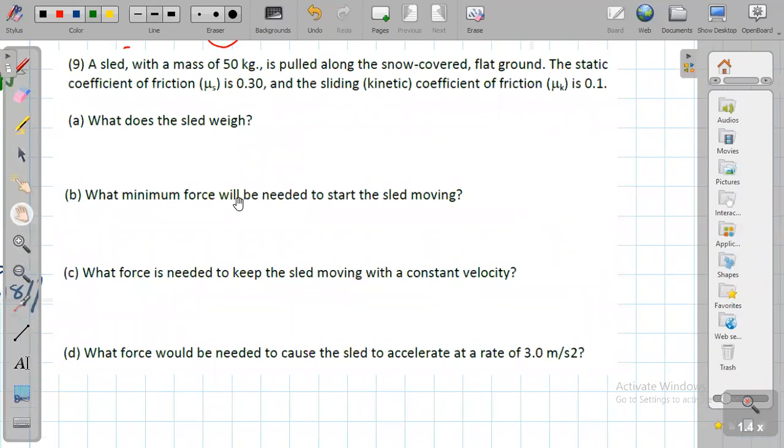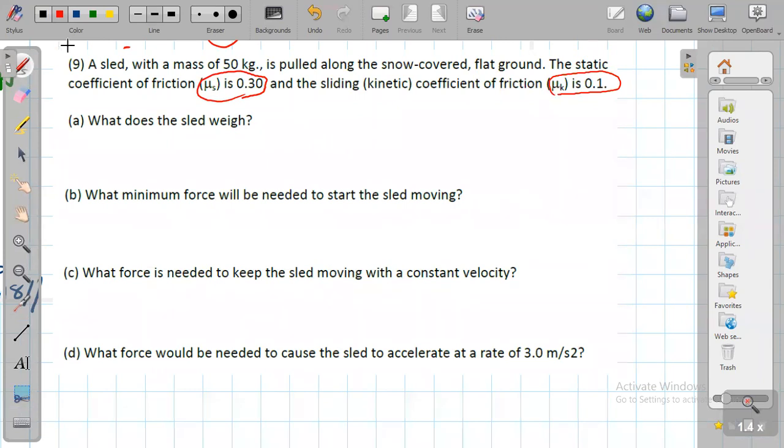A sled with a mass of 50 kilograms is pulled along snow-covered flat ground. The static coefficient of friction is mu s, which means the motionless case, 0.3. The sliding kinetic coefficient of friction is 0.1.